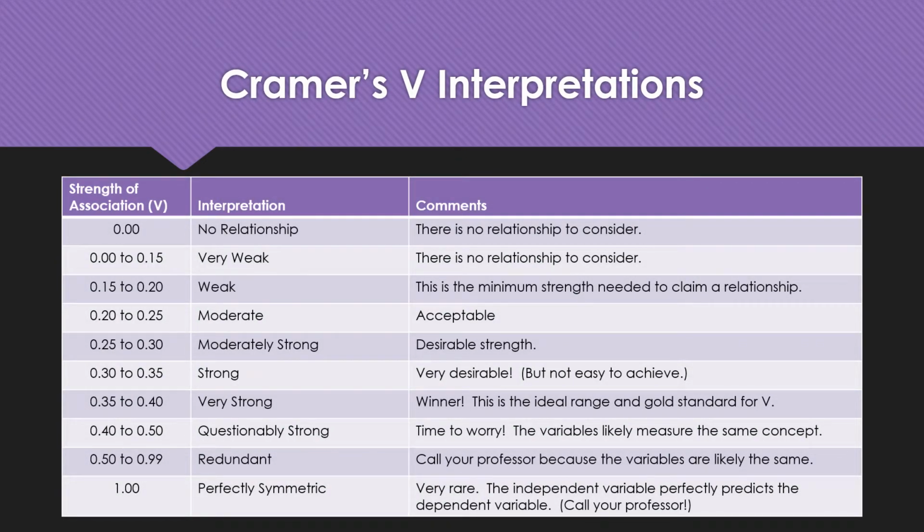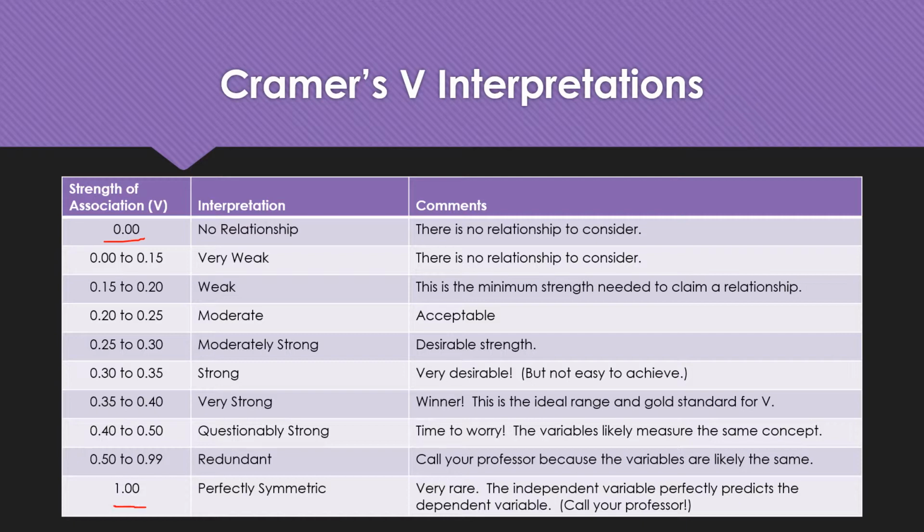So the Cramer's V test has some interpretations that need to be conducted. In the previous tests performed, we got to see the V values. In those instances, they are numbers between 0.00 and 1.00.